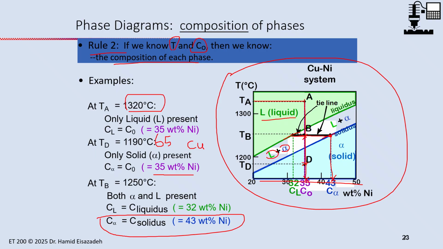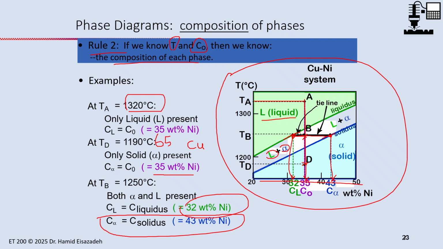And then we have to repeat it for the liquid material. We come here, we draw a vertical line, then we cross this horizontal axis. The horizontal axis gives us 32 weight percent nickel, or 68% copper.